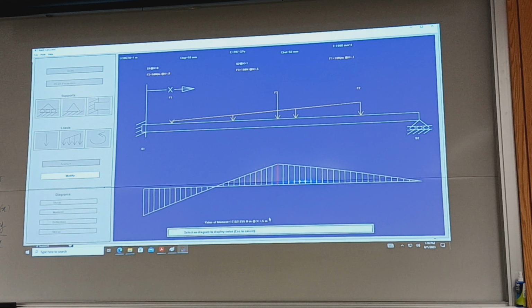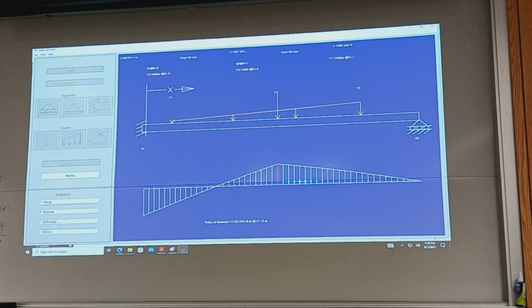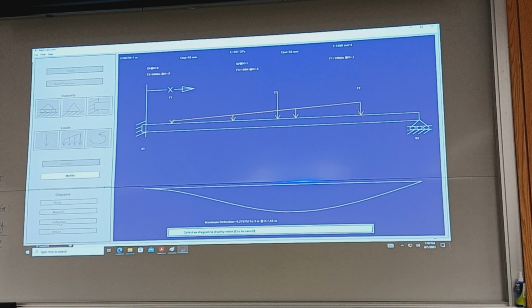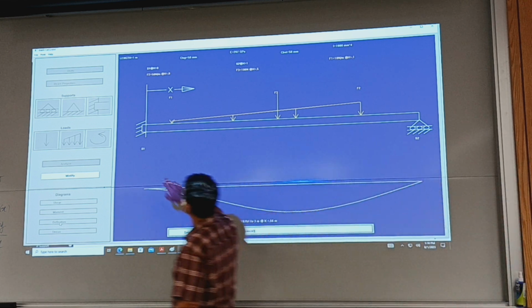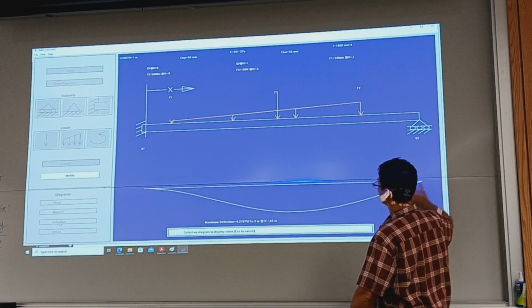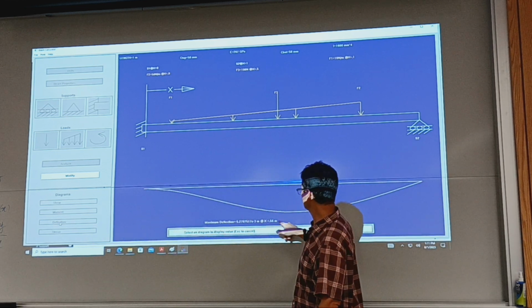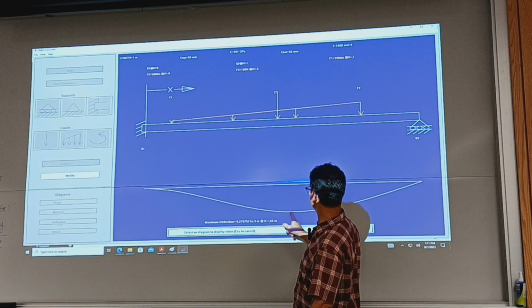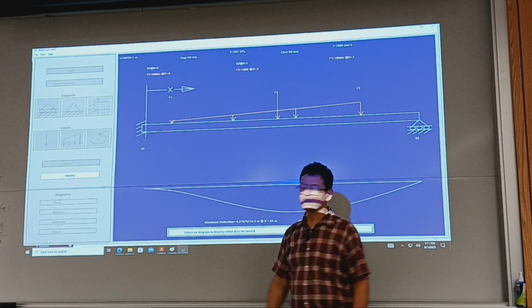You can click and it tells you the magnitude of the moments. You see it updates that message. Escape and then deflection. So I have deflection of the beam as expected, since this is supported and no slope. It says maximum deflection at 0.56 meters, right?